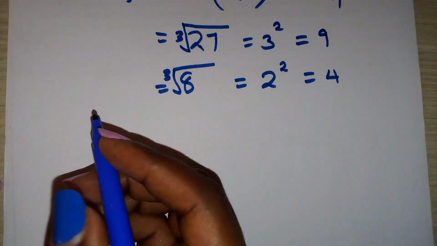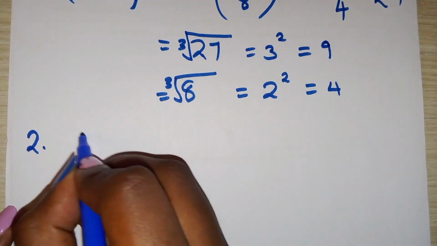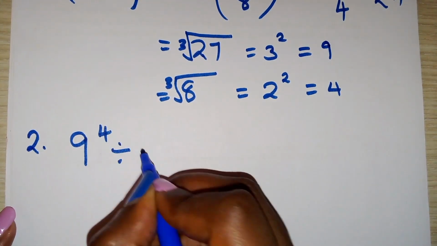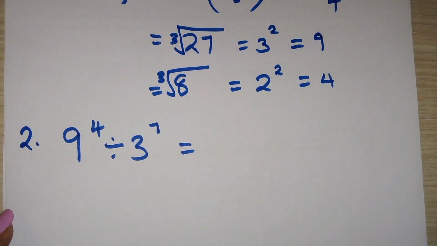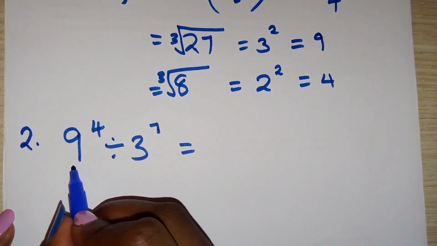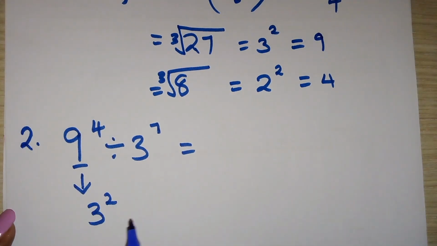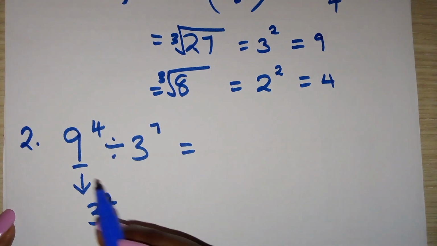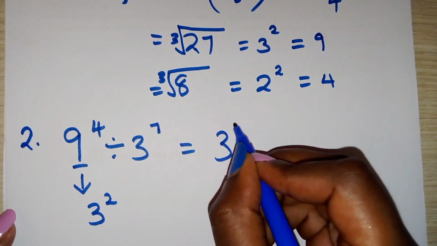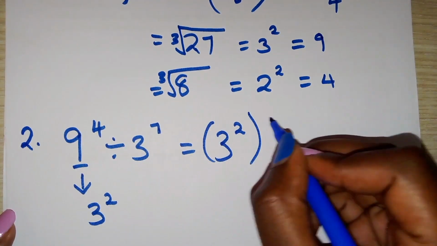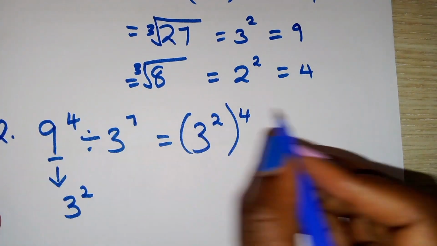Okay, so let's go to number 2 now. We have 9^4 divided by 3^7. We know that indices apply for the same base, so we can turn this into a base 3. So 9 is the same as 3^2, because 3 times 3 is 9. We can replace this 9 with 3^2, and we put the bracket with 4, because 4 is the power for 9.